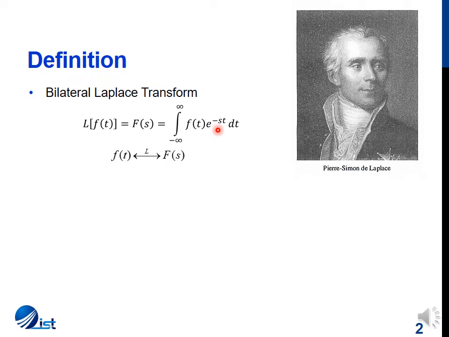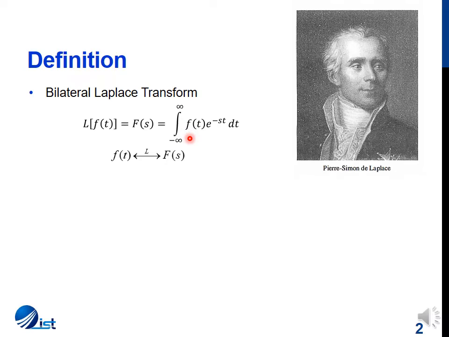Laplace transform is a bidirectional transformation, which means that if a function f of t has a Laplace transform F of s, then the same F of s will give us f of t after taking the inverse Laplace transform. The basic definition of Laplace transform is known as a bilateral Laplace transform because, as we can see, the limits of integration are from minus infinity to plus infinity.